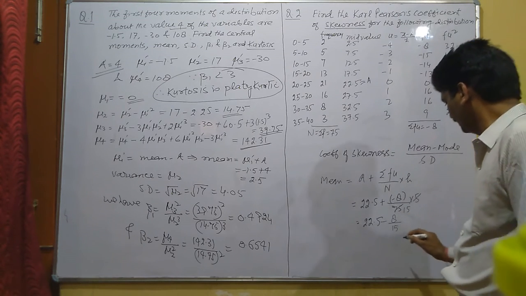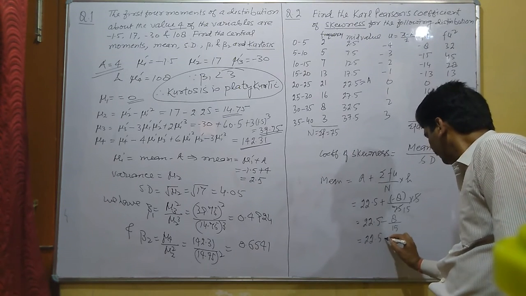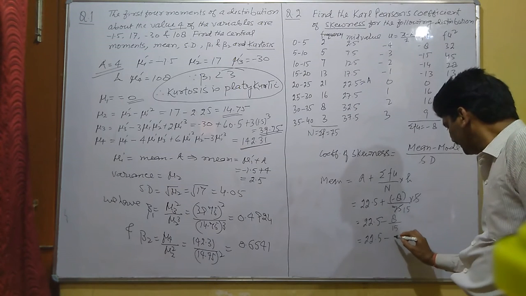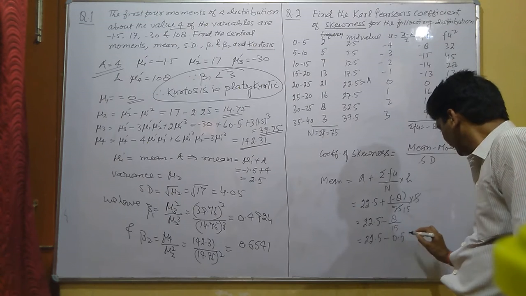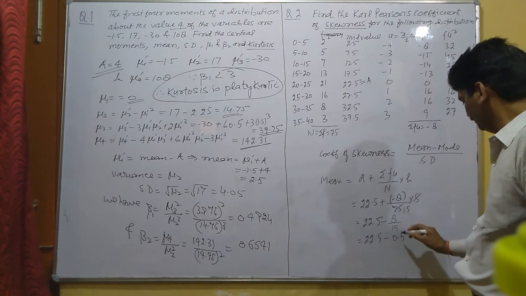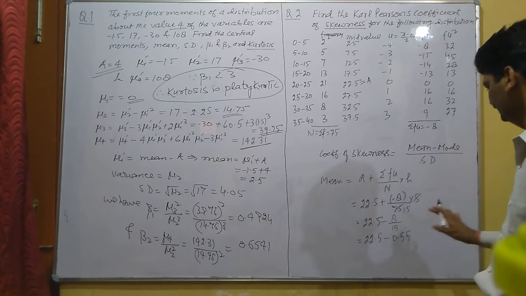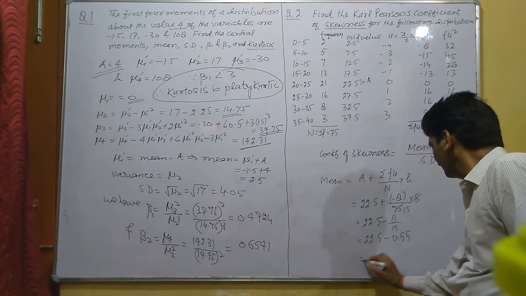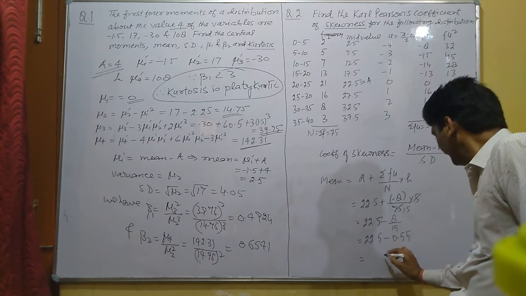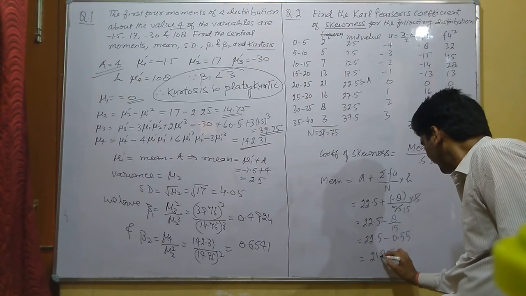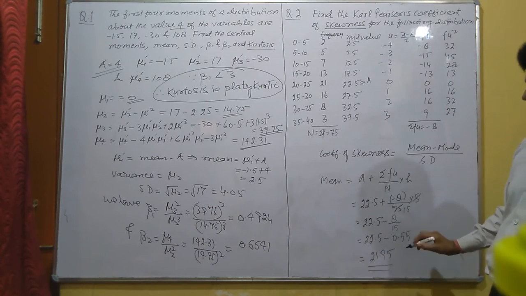So it comes 22.5 minus 0.5, approximately. So it comes to 21.95. This is the mean by the shortcut formula.